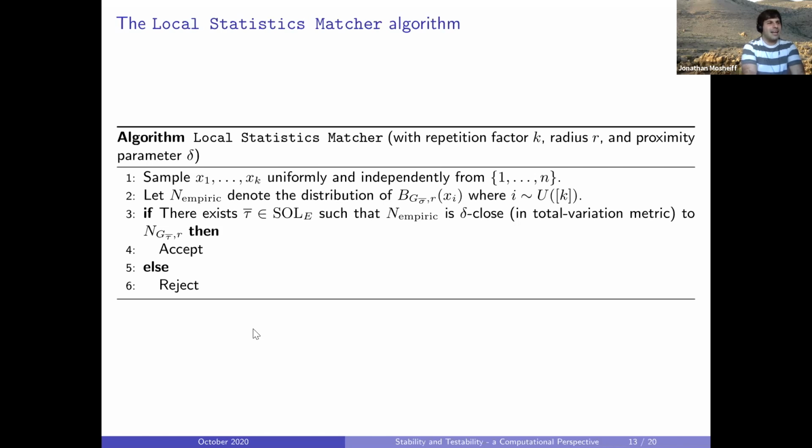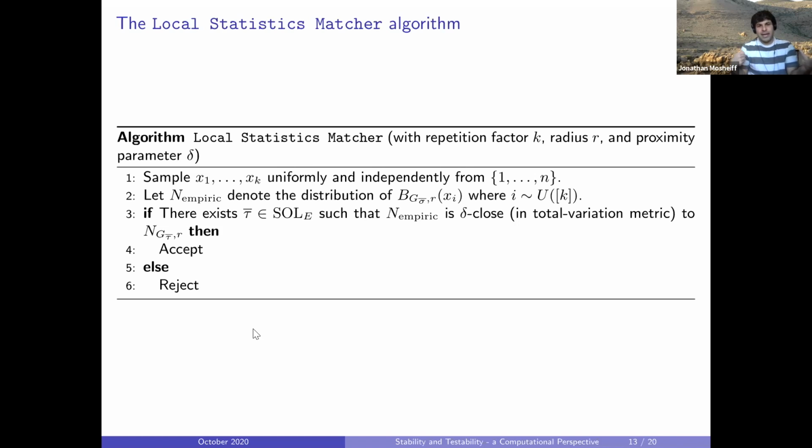Now the question is, does this distribution look like something we'd expect if our permutations were a solution? Essentially, this algorithm goes over all the possible solutions to the equations, and each of these solutions has some distribution of balls.